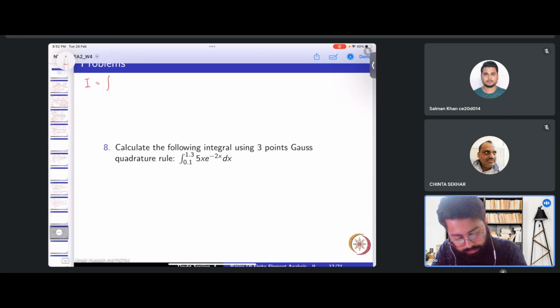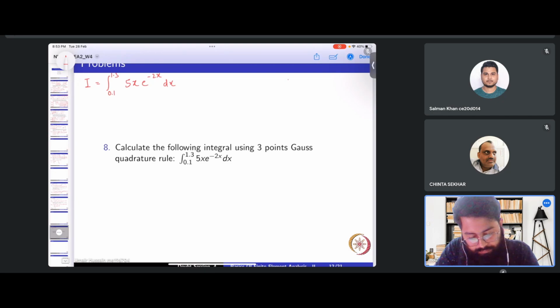So we have the integral from 0.1 to 1.3 of 5x e to the power minus 2x. First of all, we need to transform this integration limit to the natural coordinate system limit.